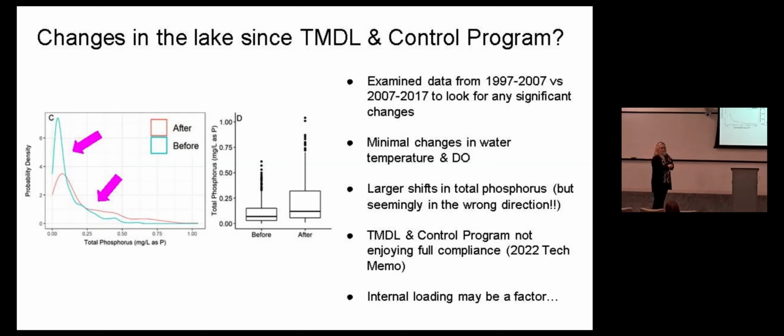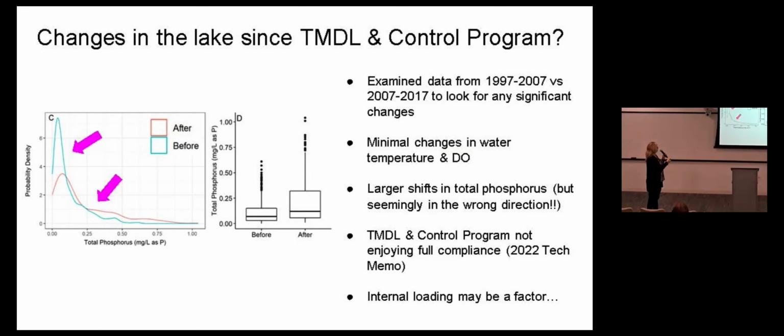Unfortunately, the phosphorus levels went up in the 10 years after the implementation of the phosphorus TMDL. This is a probability density plot, where the red is the distribution of observations after, and the blue is before the implementation of the TMDL. You can see the probability of getting lower measurements is a lot higher before the TMDL.